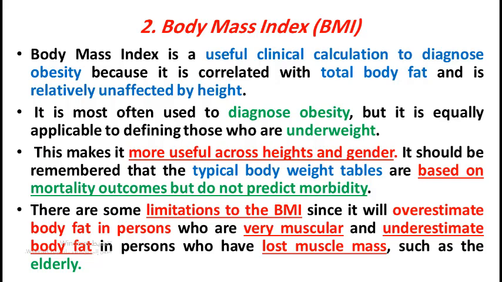There are some limitations to the BMI since it will overestimate body fat in persons who are very muscular and underestimate body fat in persons who have lost muscle mass such as the elderly.